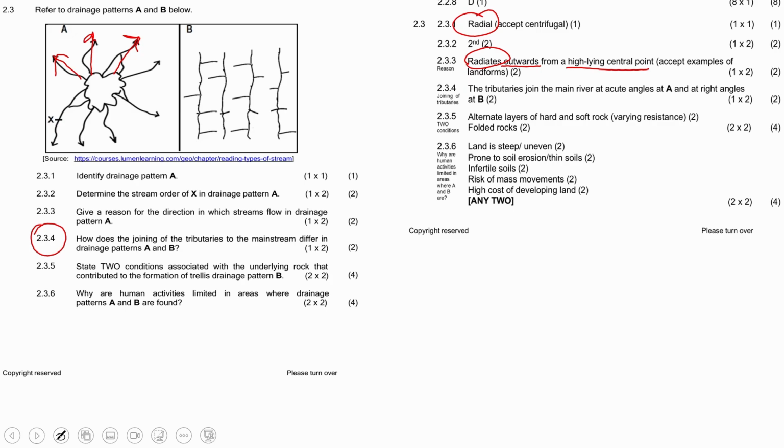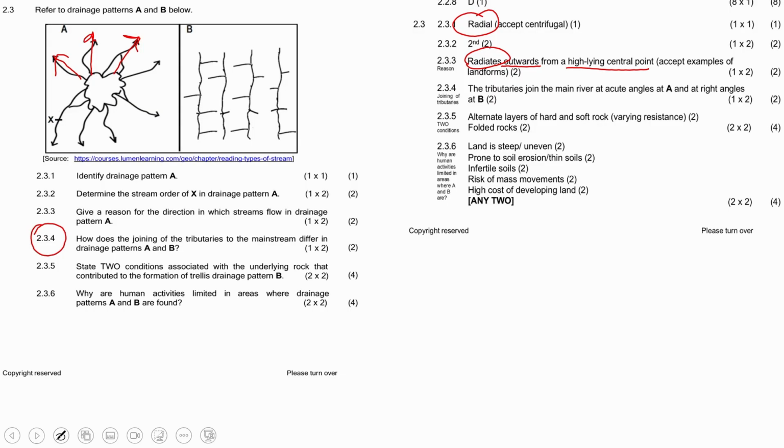Okay? Now, let's look at 234, which is this one here. How does the joining of the tributaries to the mainstream differ in patterns A and B? Exam approach. Before we deal with the content, what is this question looking for? Number one, it looks for a difference between two things, okay?